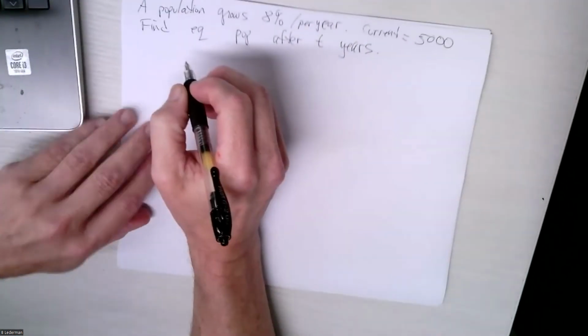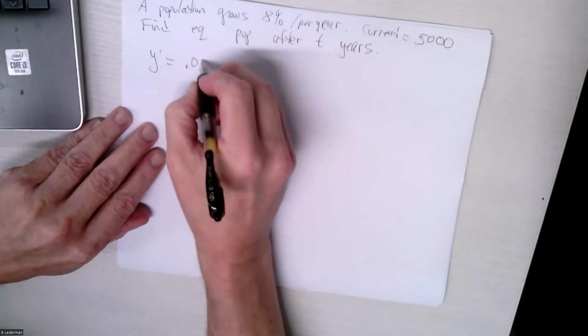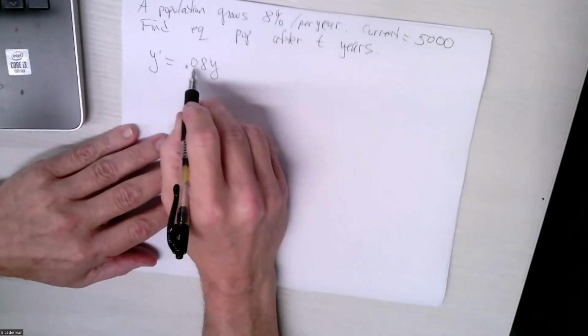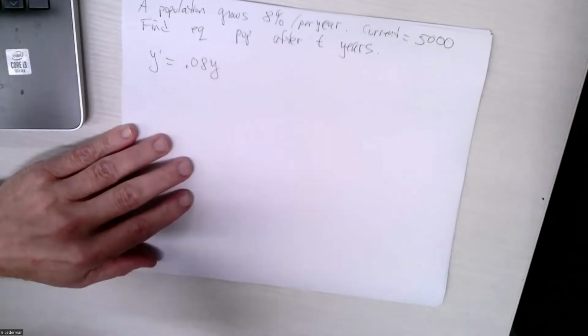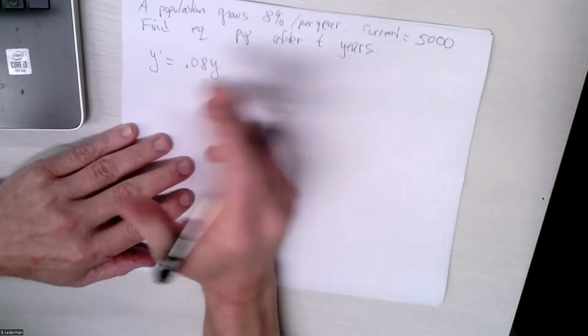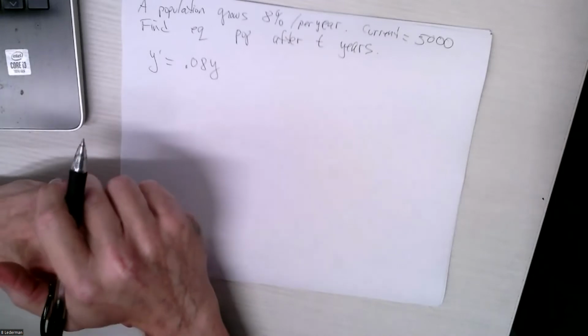First of all, we know that y prime is equal to 0.08 y, because whatever the population is, you multiply that by 8%, and that's the annual growth. It doesn't mean that every second it's growing 8%, but it's growing at that annual rate.